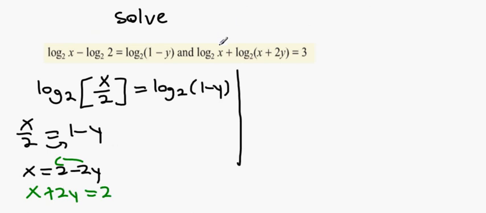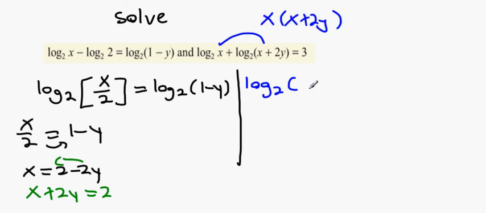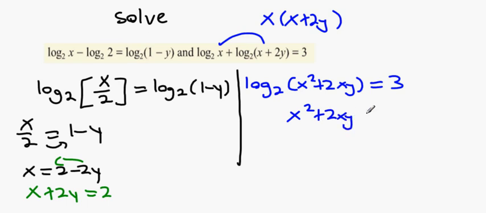Now this equation here, we're going to multiply them, and we're going to get log to the base 2 of x multiplied by x plus 2y, because it's the multiplication rule, and we're going to get x squared plus 2xy, and that equals 3. Now remember, this is the power number, this is the base number, so we're going to get x squared plus 2xy equals 2 to the power 3. X squared plus 2xy equals 8.